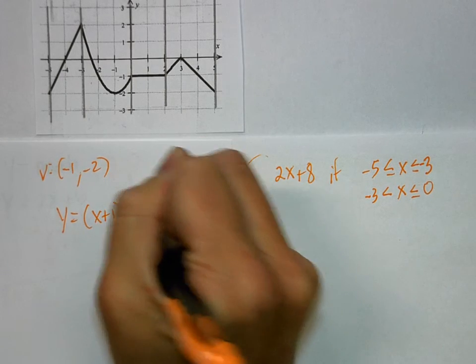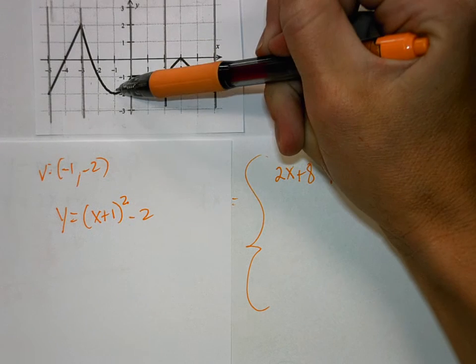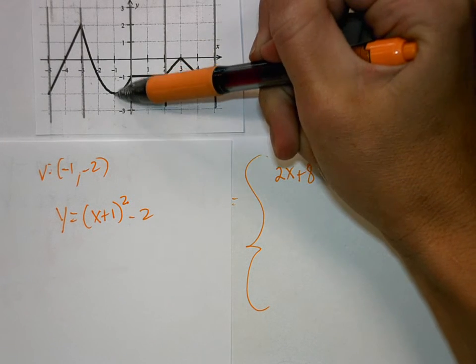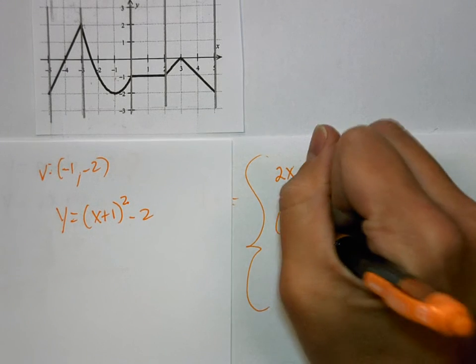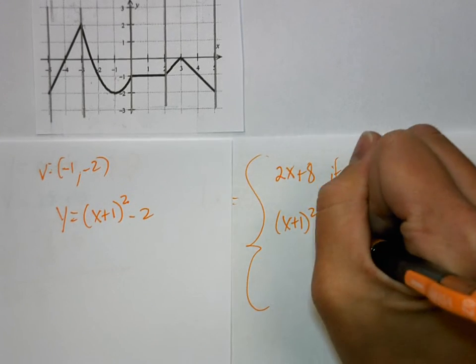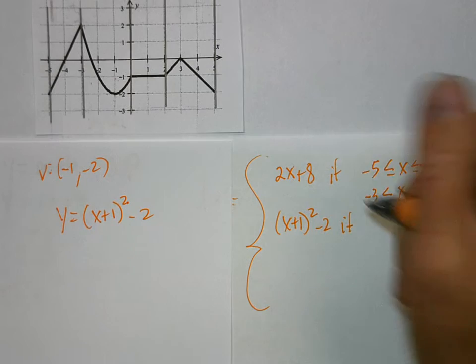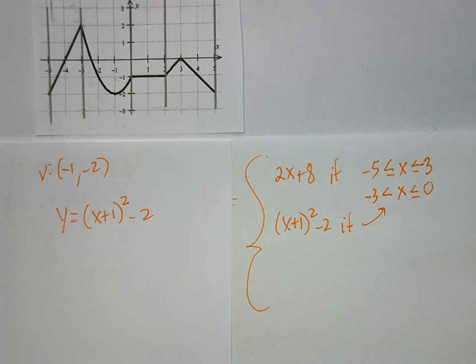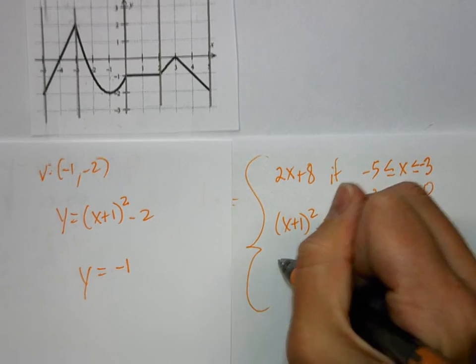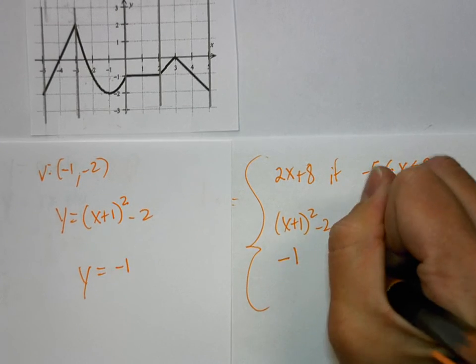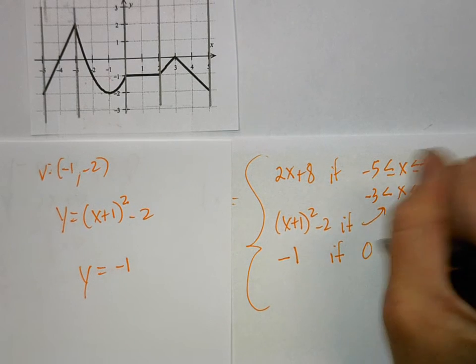Now if you look, it goes up one right, one or up one left, one. So the a value is 1. So I would have x plus 1 squared minus 2 if, and that goes with that part right there. What do I do for a straight line? This straight line is really y equals negative 1. So over here, all I do is write negative 1 if 0 is less than x is less than or equal to 2.